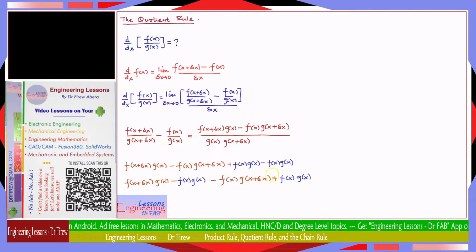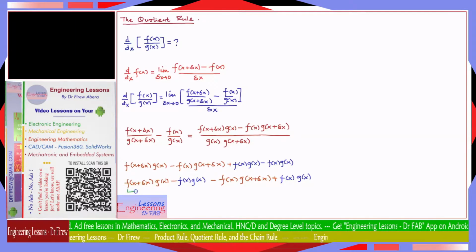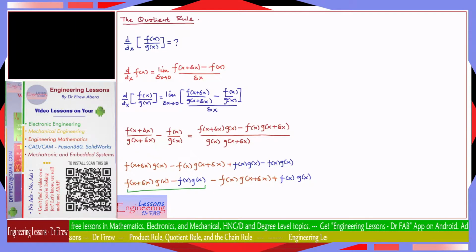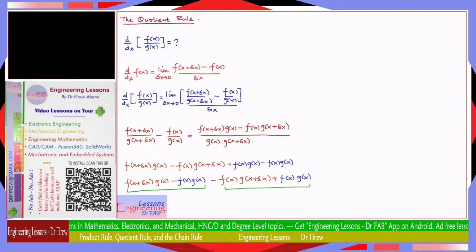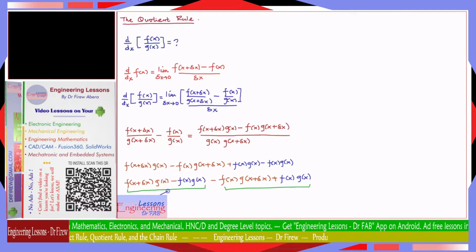Let's concentrate on these ones. If we group those two together like this, let's find a common factor.